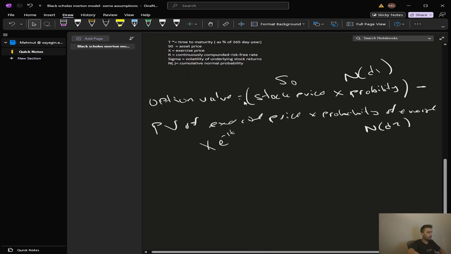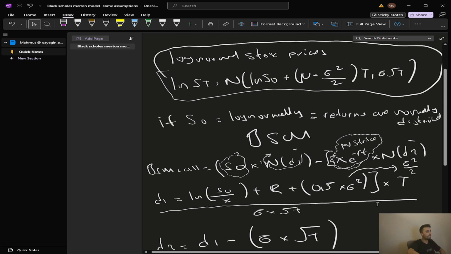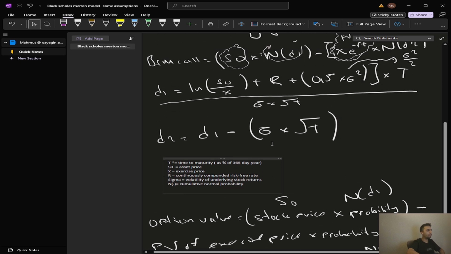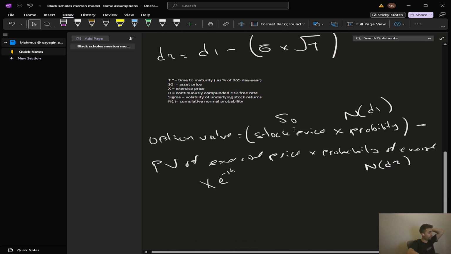These are spot and option market stock price times probability. It's the same, bro. Always remember this. Maybe you can't memorize it, it is really hard to understand and memorize. You should know this: stock price times probability minus PV of exercise price times probability.